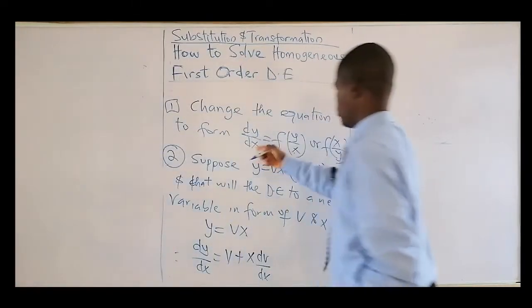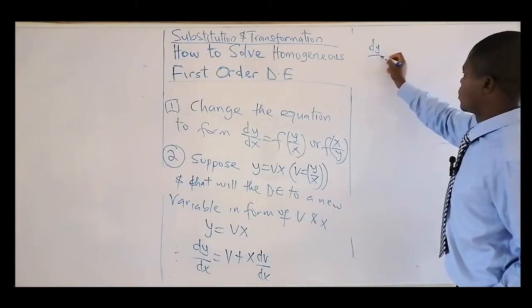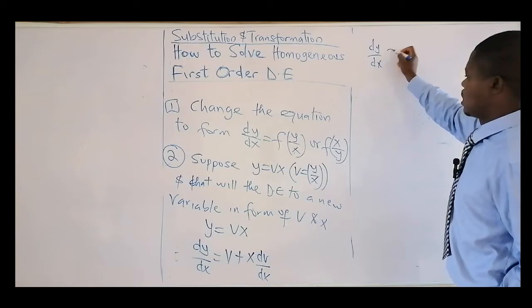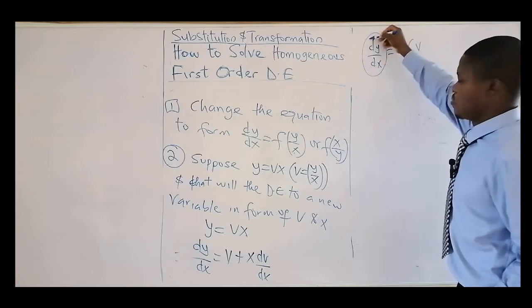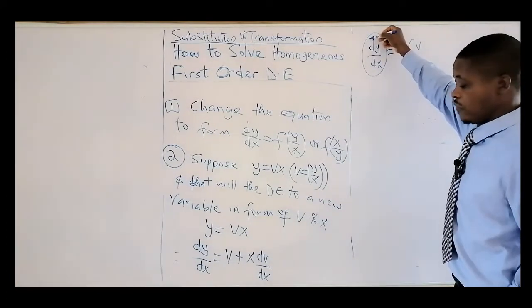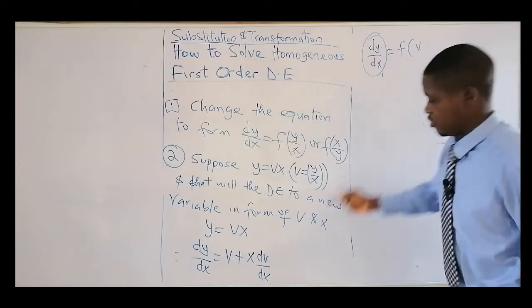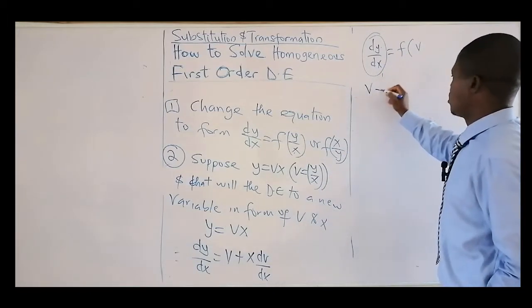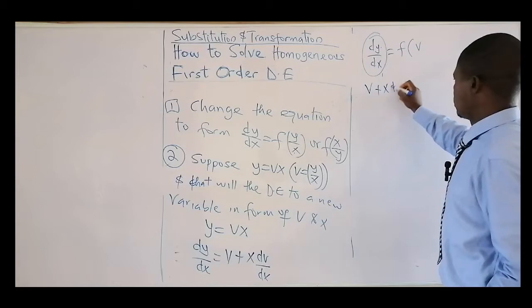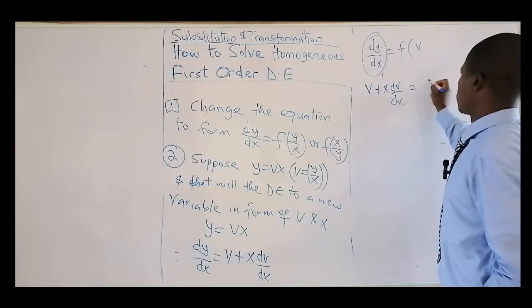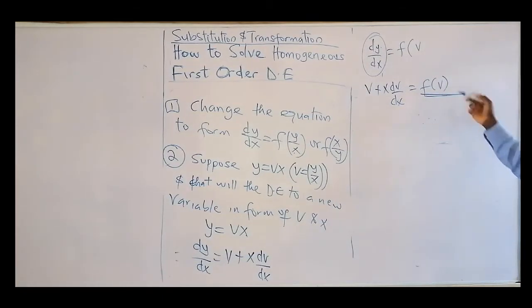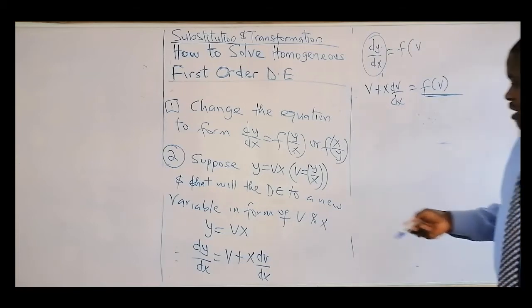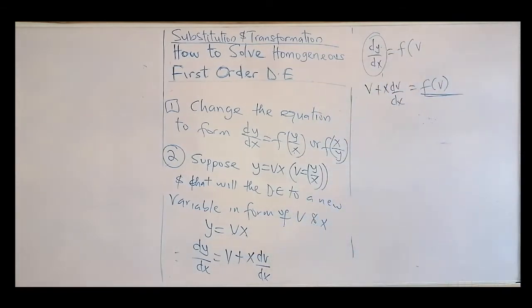And that will be equal to your dy/dx. Your dy/dx will be equal to f of v, because you've already changed the variable to v in form of v and x. Then your dy/dx, you just substitute this for that, and that will be v plus x dv/dx equal to f of v, and that will give you an expression. And don't forget that these variables are both functions.